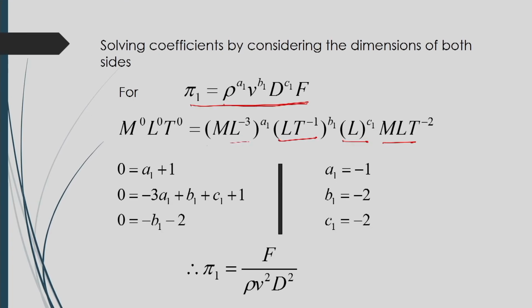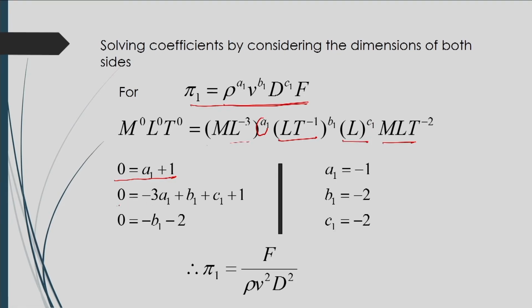After that, you equalize the powers of these dimensions from the left hand side to the right hand side, and then you can make an equation with the exponents. Here, considering first m, what is the power of m on the left hand side? 0. And on the right hand side, the powers of m are a1 and 1. So simply a1 plus 1 will be equal to 0.